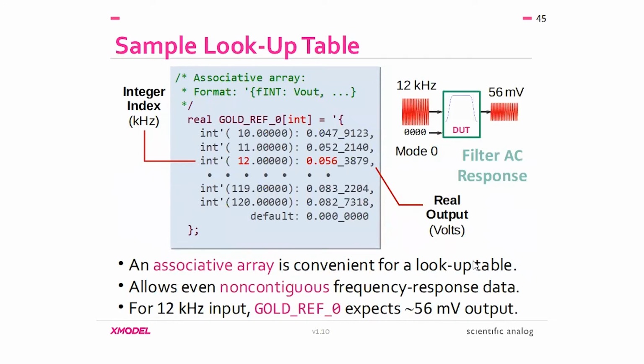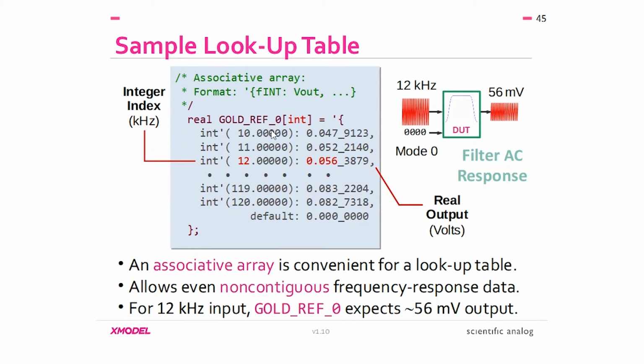Here's a closer look at that associative array, one of the lookup tables, the one for mode 0. In computer science, an associative array is defined as a collection of key value pairs. And we found this very convenient because it would even support frequency response data where the frequencies were not necessarily contiguous, consecutive.